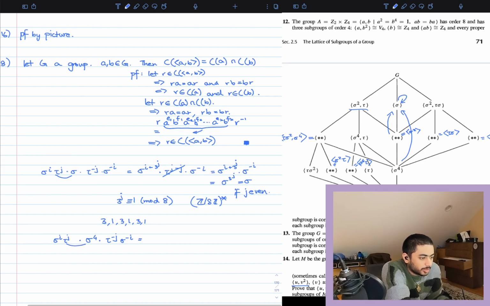The thing is, we need to send the sigmas through j times. So it's going to be sigma to the i plus 12 to the j, times tau to the j, times tau to the negative j, times sigma to the i.